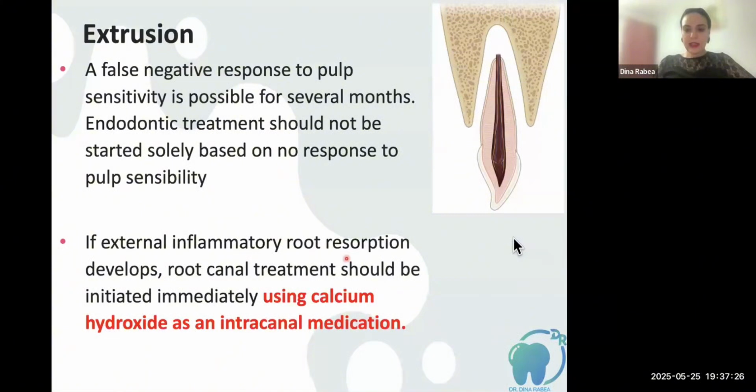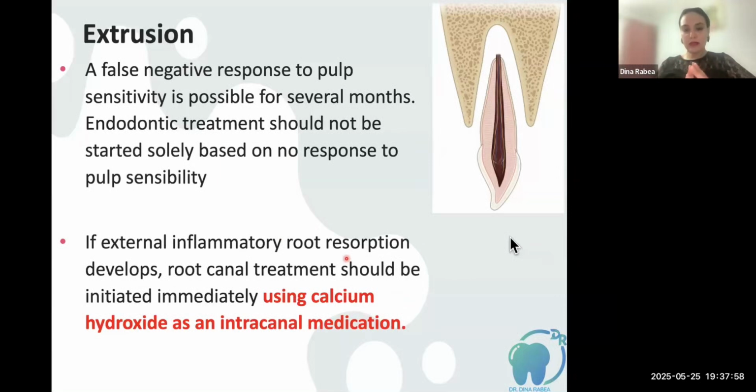For the first time, again, the guideline mentions using an intracanal medication, for example calcium hydroxide, because these kinds of luxations cause an external inflammatory root resorption, and if it develops in a very young kid with open APCs in their teeth, the damage gets very fast to the extent that they can lose the tooth to root resorption in 2 to 4 weeks.